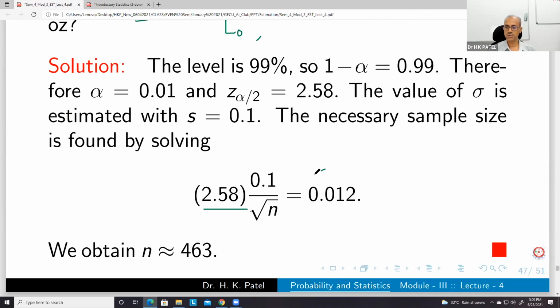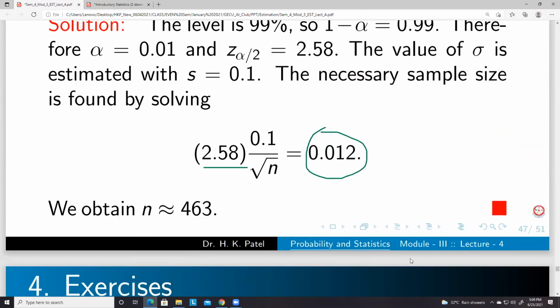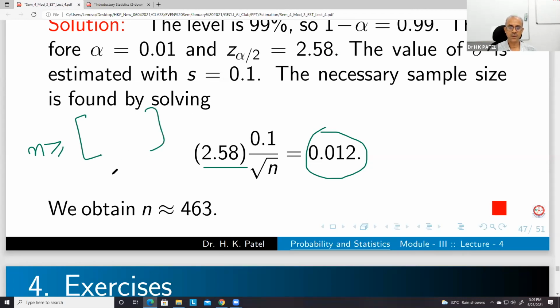So this value comes out to be 0.01. So we have to solve this actually. This will be n greater than or equal to that value. So this is the minimum value actually. 463 is the minimum, right?